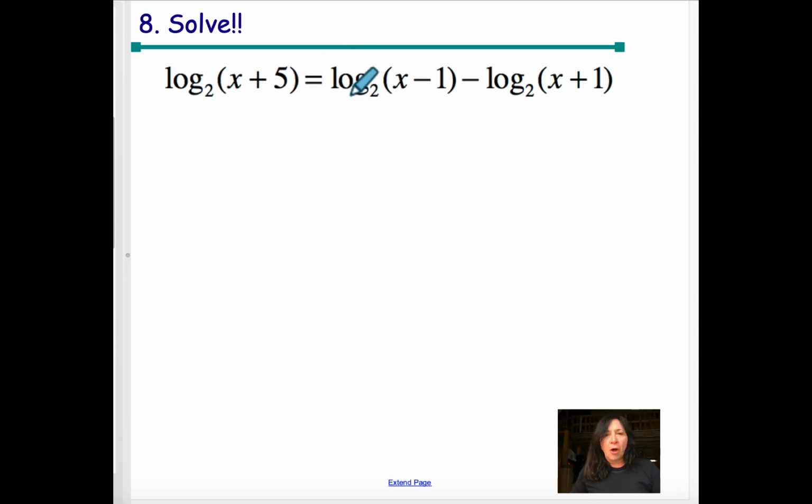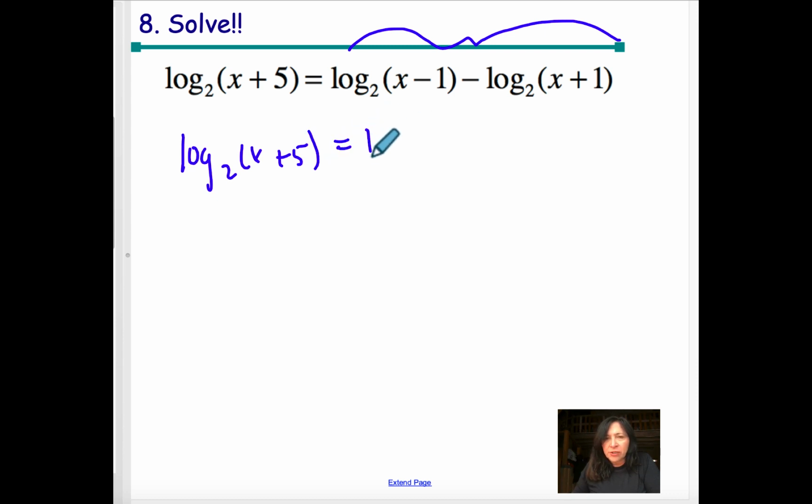For this problem, all the bases are 2. So once I simplify this right side, those are going to combine. So I'm going to get log base 2 of x plus 5 is equal to log base 2 of x minus 1 divided by x plus 1.